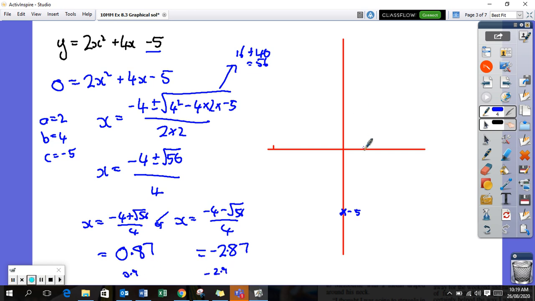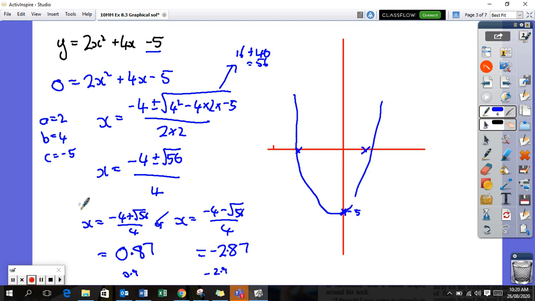So we're going to go negative 0.9, negative 2.9, and we've got a, what have I done wrong? Could be an error there, but we've got a graph basically that looks like that.